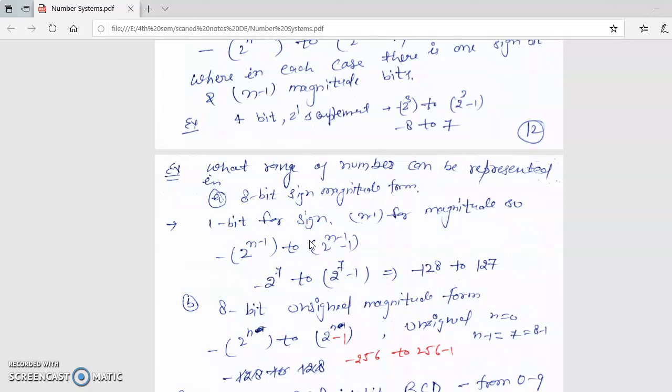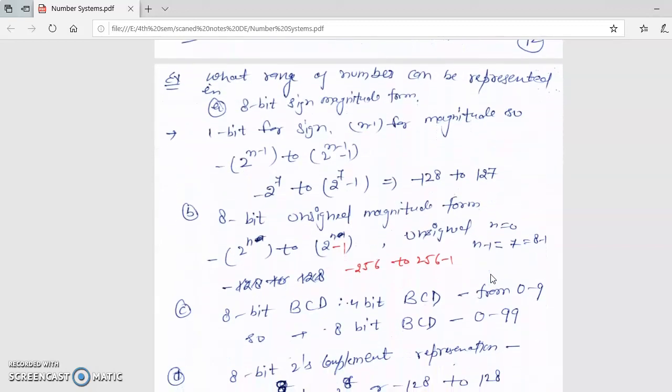So the range of n bit sign magnitude is minus 2 to the power n minus 1 to 2 to the power n minus 1, minus 1. We have 8 bits, so n minus 1 is 7: minus 2 to the power 7 to 2 to the power 7 minus 1, meaning minus 128 to plus 127.